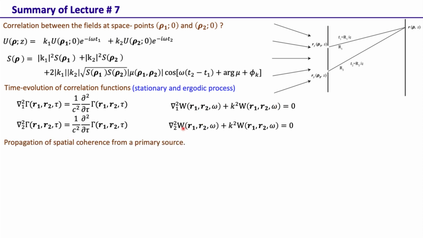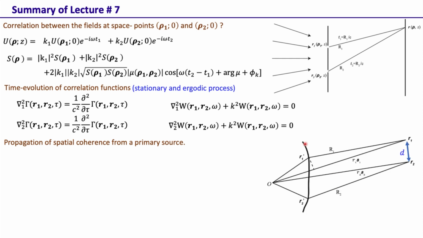Then we also looked at the propagation of spatial coherence from a primary source. We have a source from which the light is being emitted, and we know a certain thing about the cross spectral density at the source, and with that information we wanted to find the cross spectral density at a pair of points at some distance away from the source.